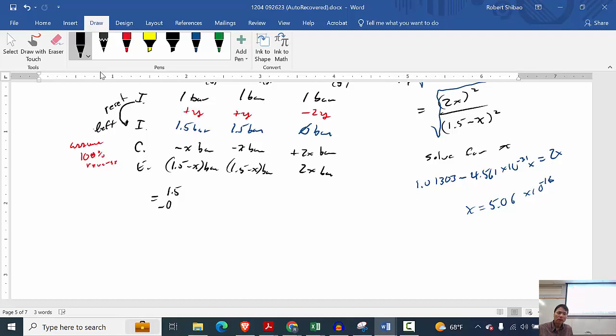Okay. That change is extremely small, so I'm going to write it in decimal form. I'm going to have 15 zeros, so 0.1, 2, 3, 4, 5, 6, 7, 8, 9, 10, 11, 12, 13, 14, 15, and then a 506 on the end.